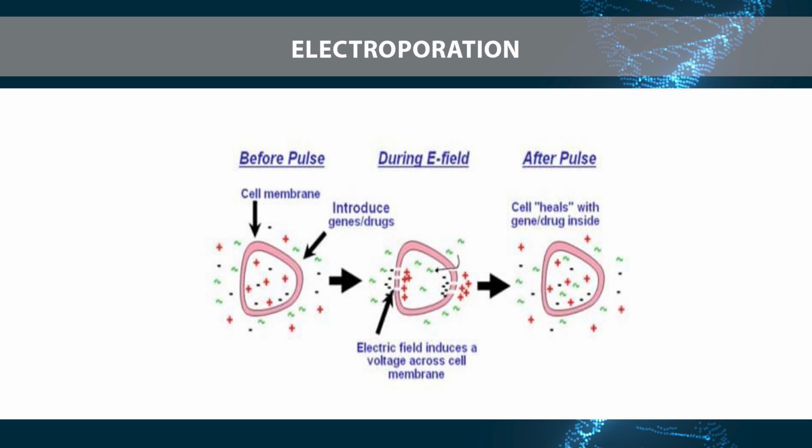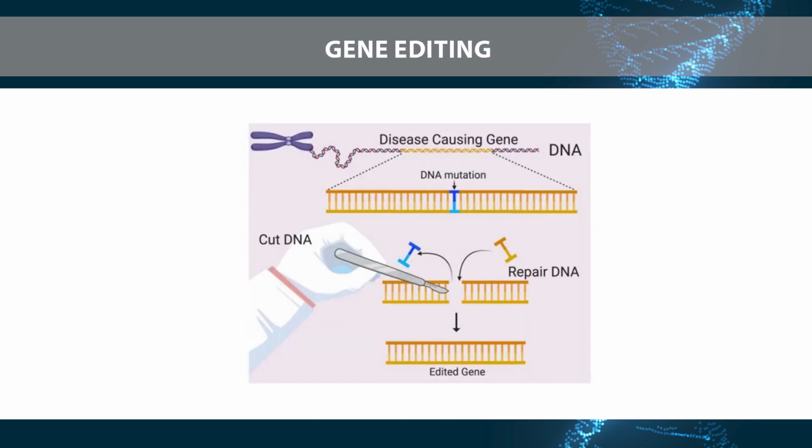So, after the pulse some small pores are created that will allow the entry of this recombinant DNA into the host organism, and after a certain period of time these pores, being transient, will close and the host organism will retain the recombinant DNA molecule.